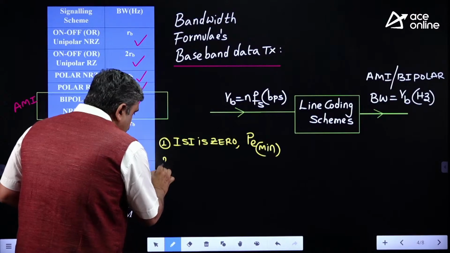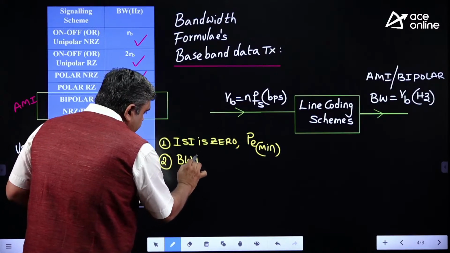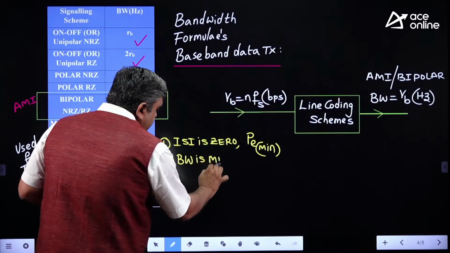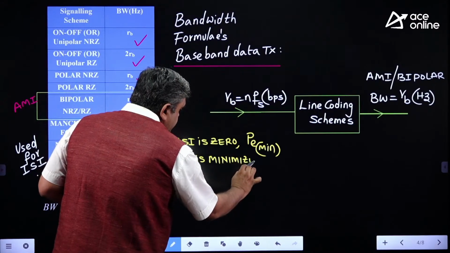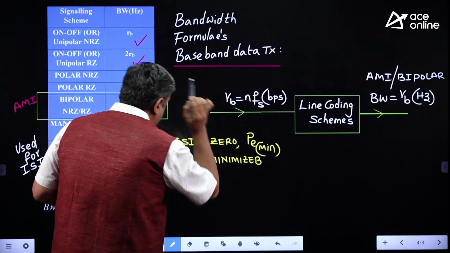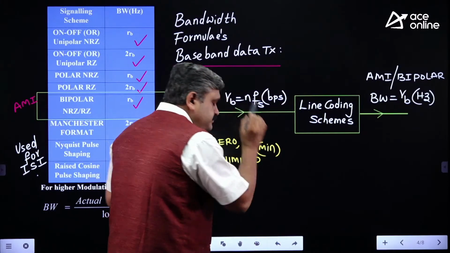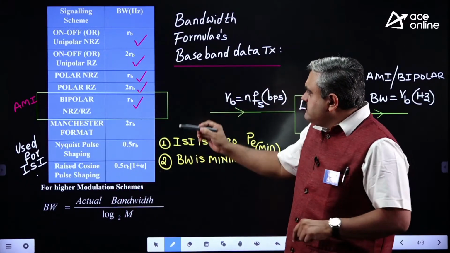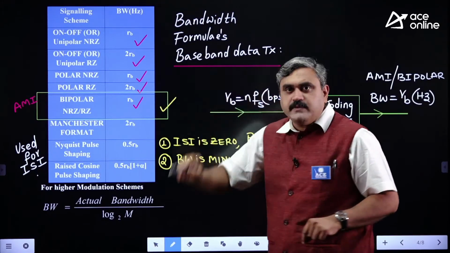Then what is the second advantage you are having? See the bandwidth. Is it becoming minimized or not? If you take any of the other cases, the bandwidth required is more than Rb by 2. Correct or not? This is generally the pulse that we use. If it is rectangular pulses, you will get Rb.